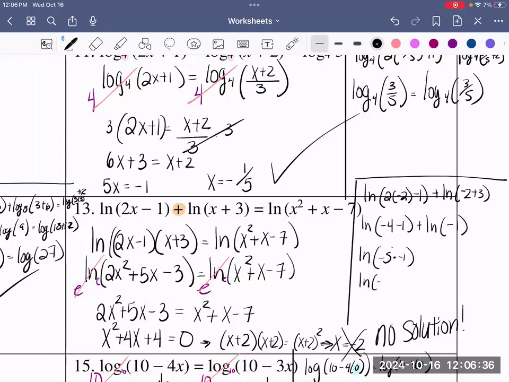While that does switch it to +5, on the other side, we get ln of 4 minus 2 minus 7. So we get 2 minus 7, again a negative response, and that is -5. So we get ln of -5. And you can very clearly see that these do not match. So we have no solution here.